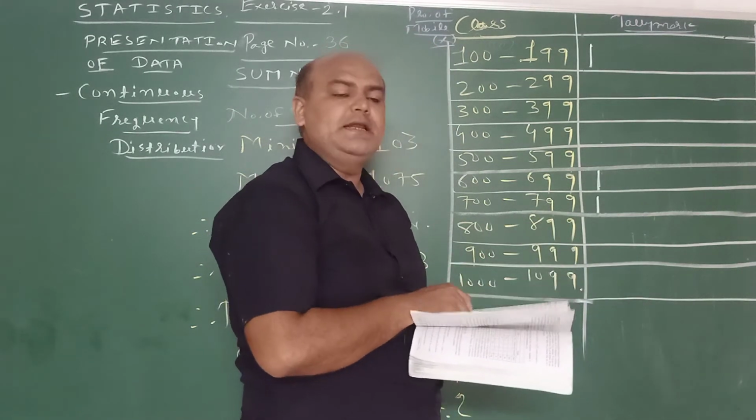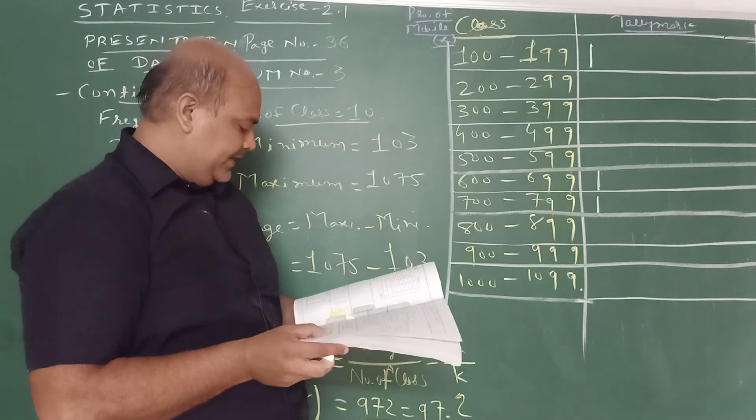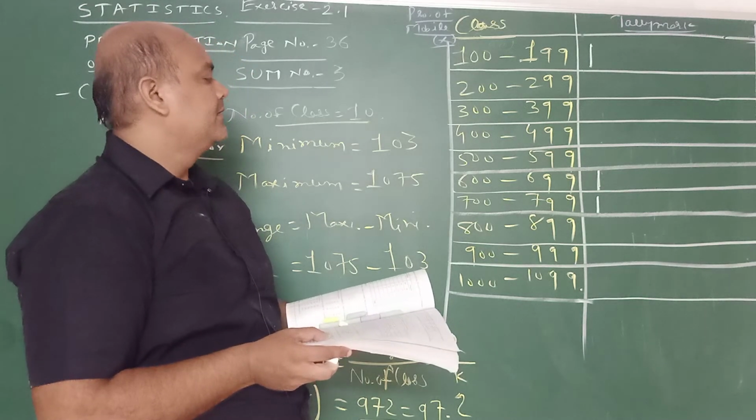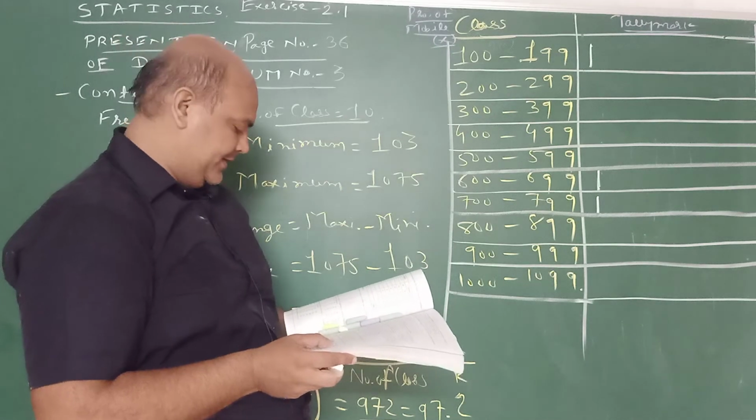That's why you can easily understand this. We take 699, then 749, then 103.